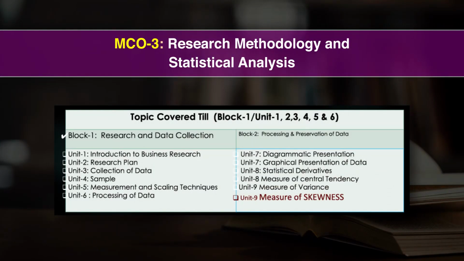On the processing of data, we have already covered how the data can be presented diagrammatically as well as graphically, and there are certain statistical derivatives which we have already talked about, either a ratio, rate or percentage. We have also elaborately covered the averages, how to calculate the average, either mean, median, mode, or the variances, which could be the range, quartile deviation or interquartile range, or the standard deviation.